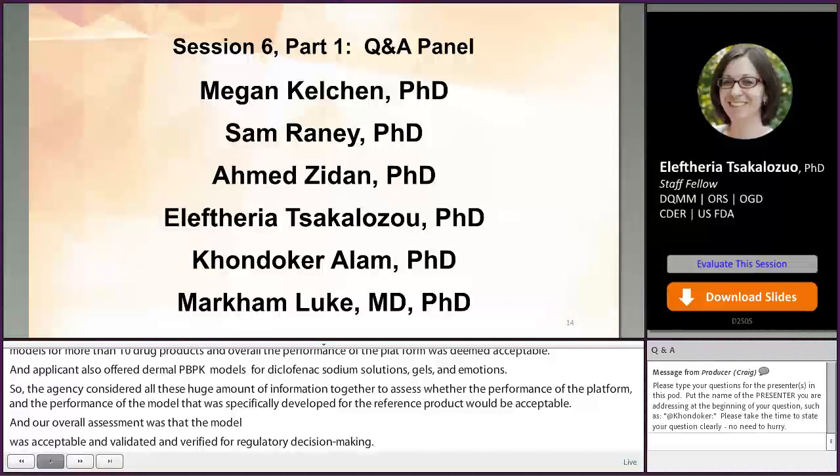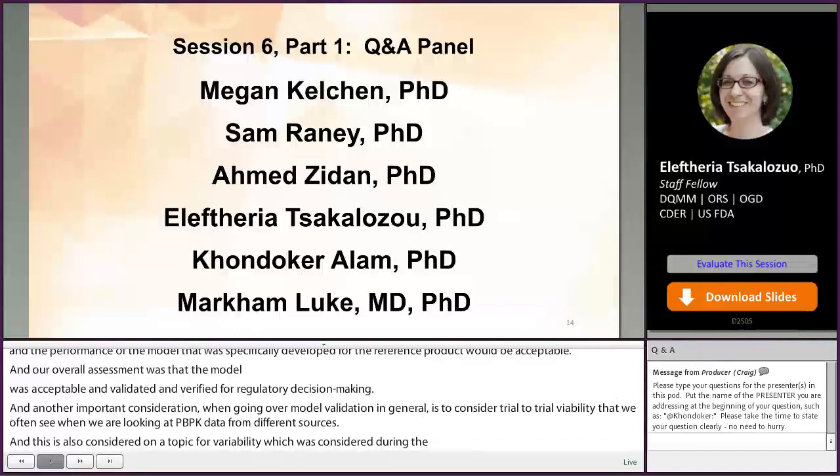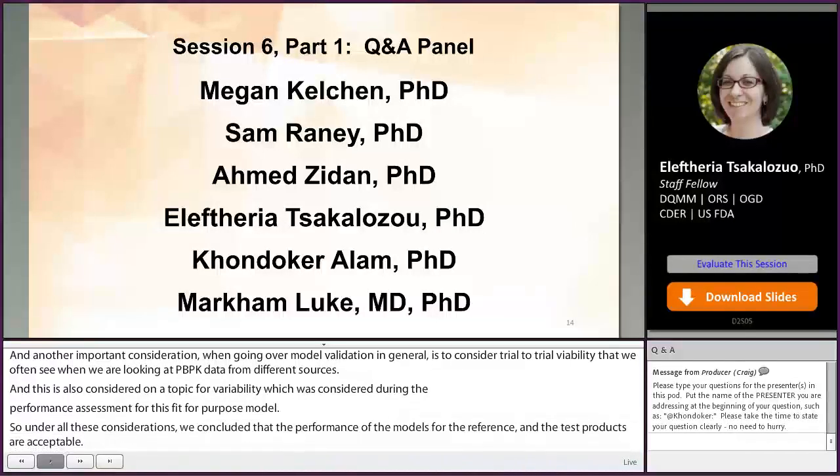And this is also considered on top of inter-subject variability, which was considered during the performance assessment for this fit-for-purpose model. So under all these considerations, we concluded that the performance of the models for the reference and the test products are acceptable, that these models are suitably validated for regulatory decision-making.